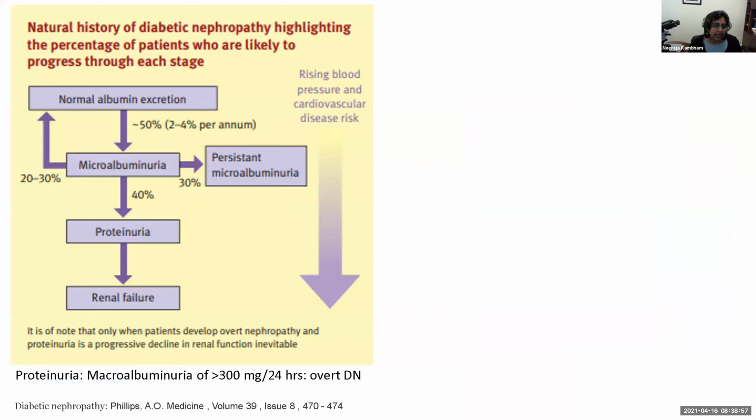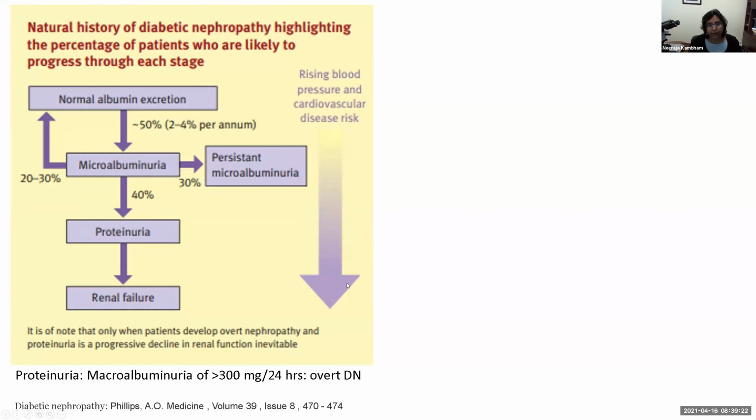This is a schematic from a few years ago where they estimated, based on various studies, how microalbuminuria and macroalbuminuria evolve. As you can see, it can reverse, and it's not always a linear progression, especially in the early phases.